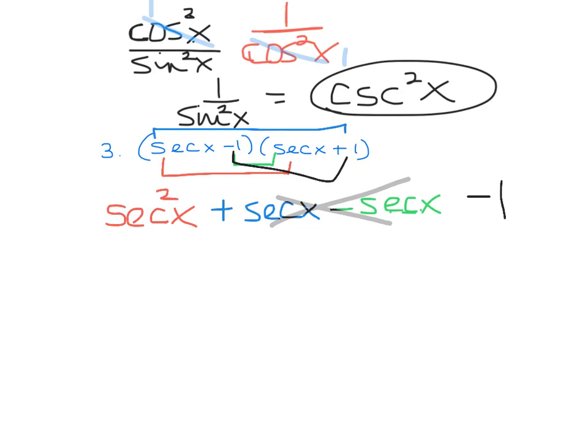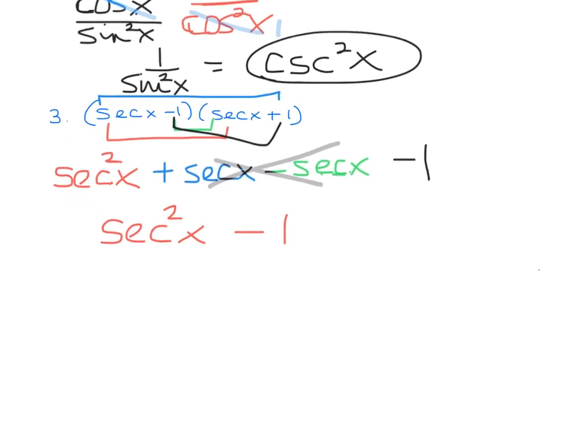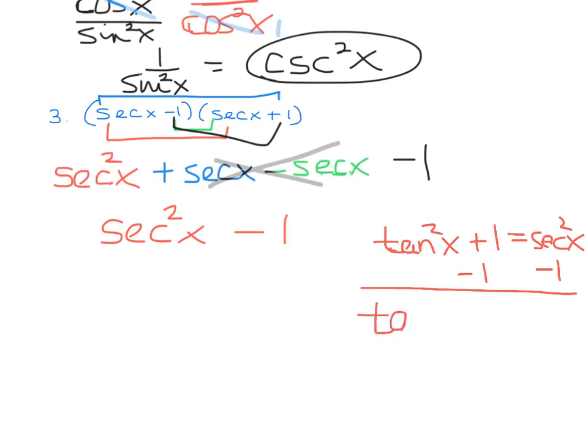So secant squared x - 1. There is a Pythagorean identity that I can use for this. The Pythagorean identity is tangent squared x plus 1 equals secant squared x. I'm going to rearrange it so it looks like what I have. So again, be comfortable with manipulating these Pythagorean identities.